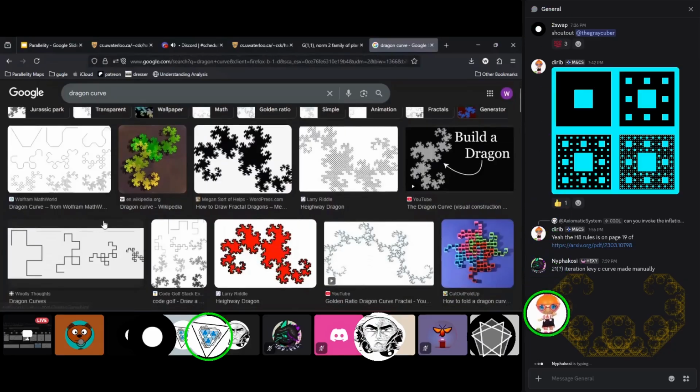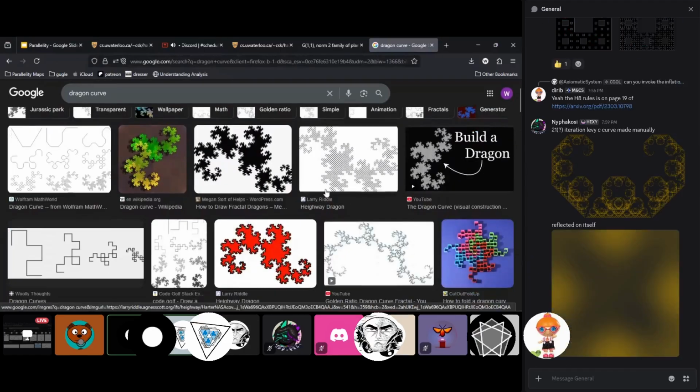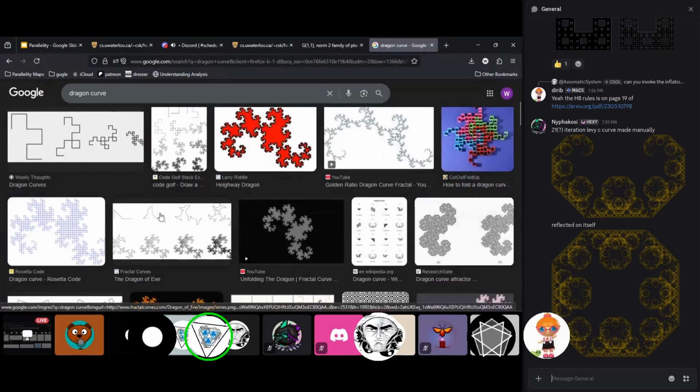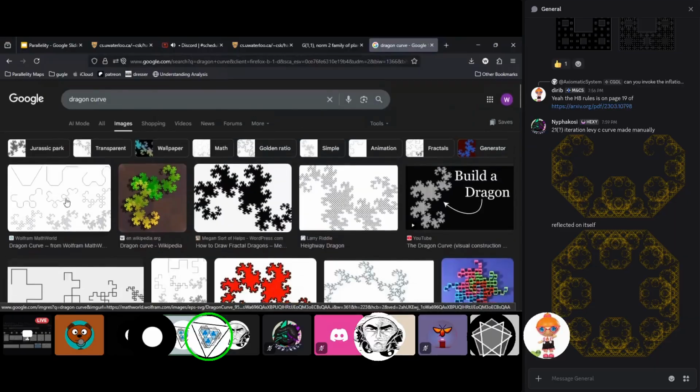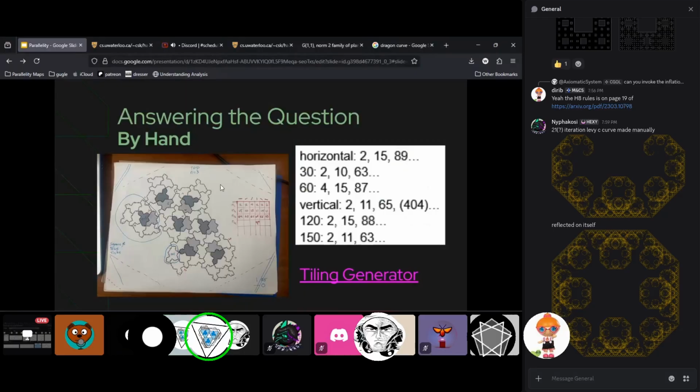Tiling is going to have a lot of overlap all the time. Tiling is a perfect example of having a lot of overlap all the time. But this curve doesn't actually overlap at any point. It has some corners, some intersections that are just points, but it is self-avoiding. And tilings are not self-avoiding inherently because of the shared edges.